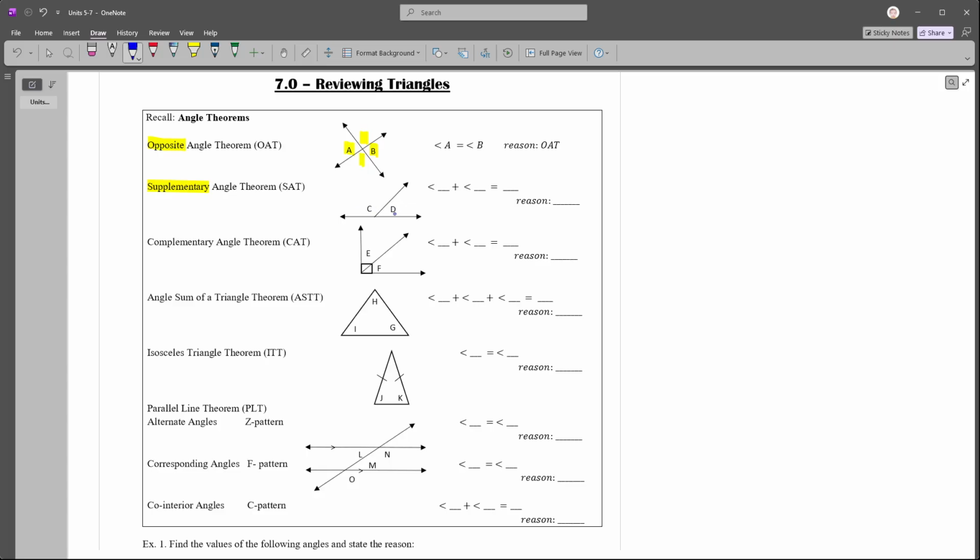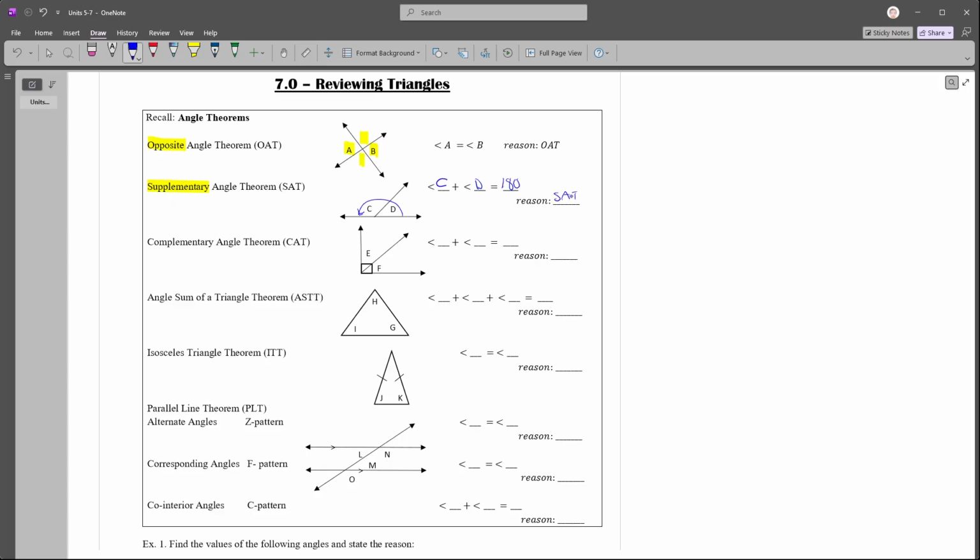Because we know that a straight line, if I do an angle from here all the way around to there, that's half a circle. So that's 180 degrees. That means that angle C plus angle D must be 180 degrees. So we call this the supplementary angle theorem, SAT.